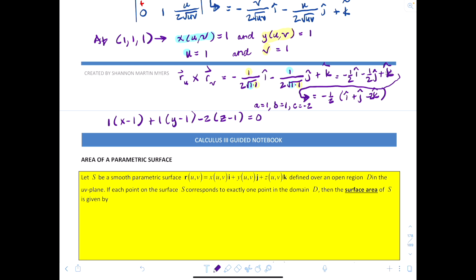So simplifying, we would get x minus 1, plus y minus 1, minus 2z plus 2 is 0.